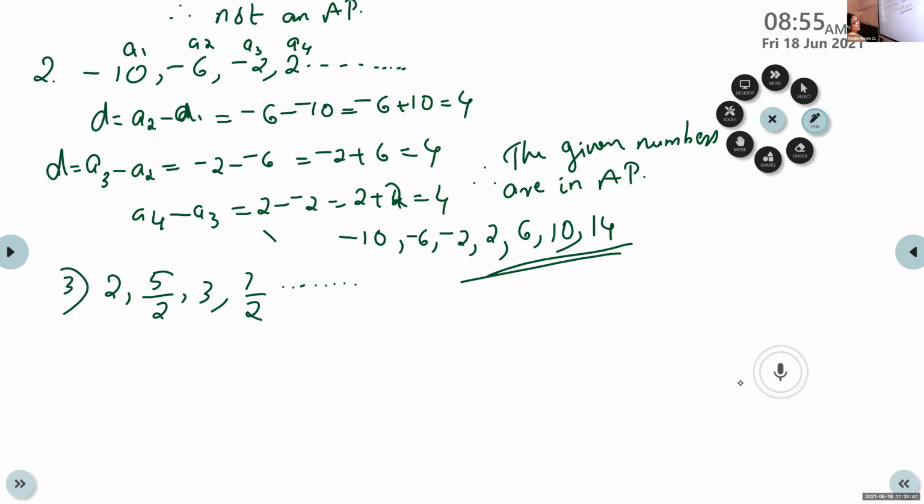2, comma, 5 by 2, comma, 3, comma, 7 by 2, etc. First of all, you check whether it is an AP.